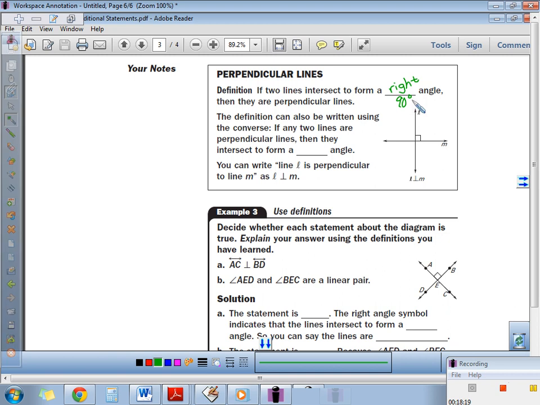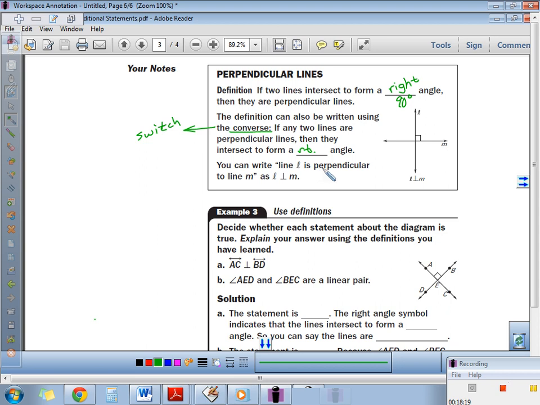What's converse mean? Switch. So remind yourself, converse means switch. We can switch the order and it's still a true statement. So if two lines are perpendicular, then they intersect to form a right angle. Good job.